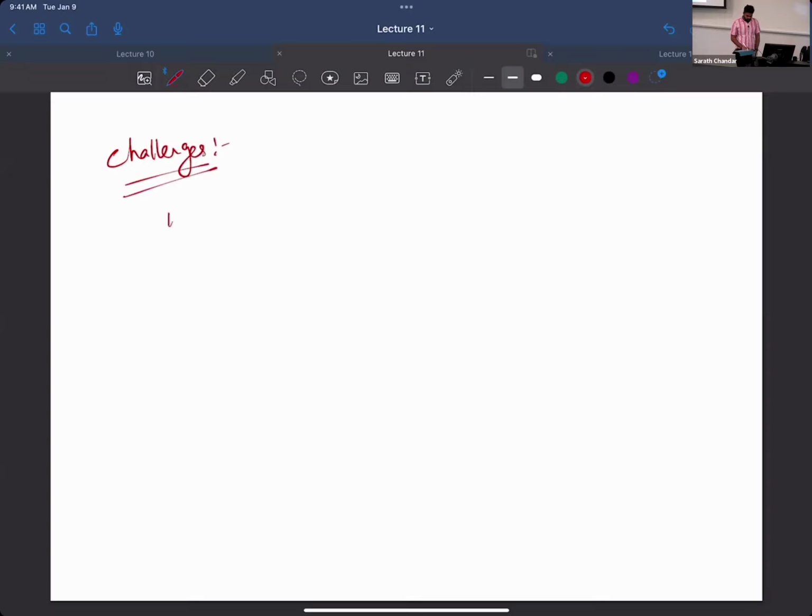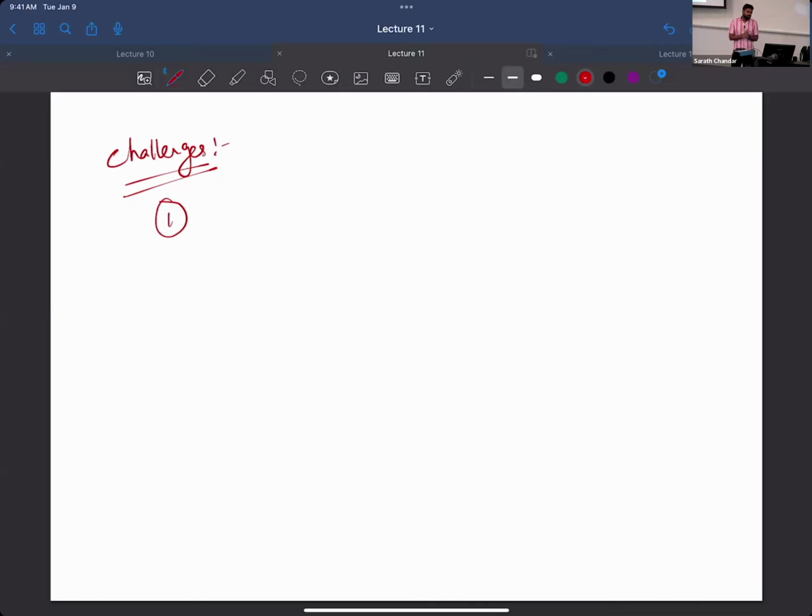The first one is basically the most important question in training machine learning models: how do you find the optimal learning rate, right? As I said before, the learning rate for gradient descent, the step size, is probably the most sensitive hyperparameter, the most important hyperparameter in machine learning.